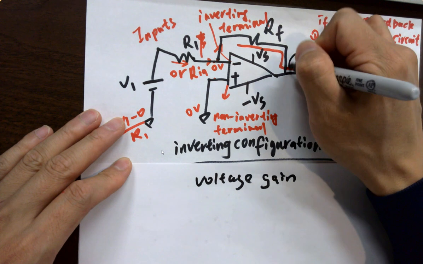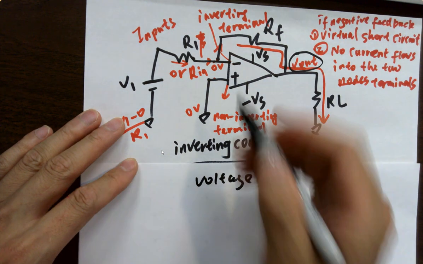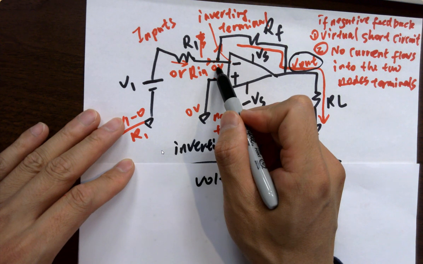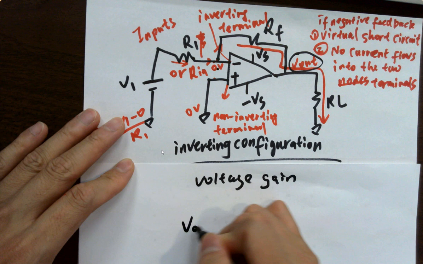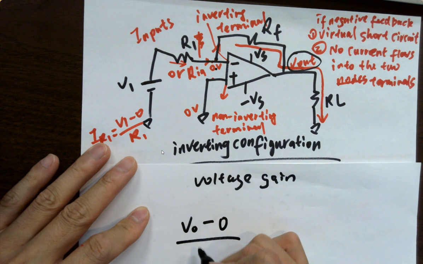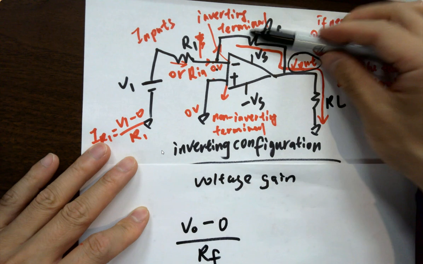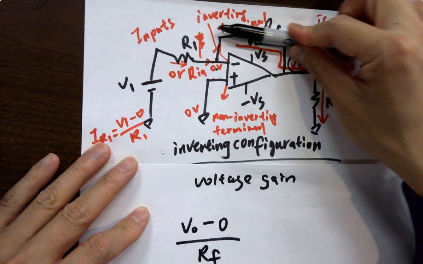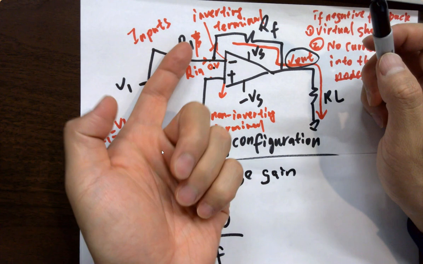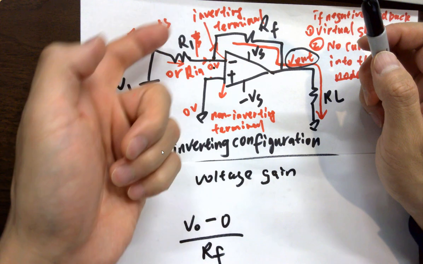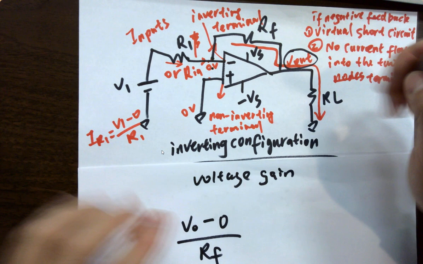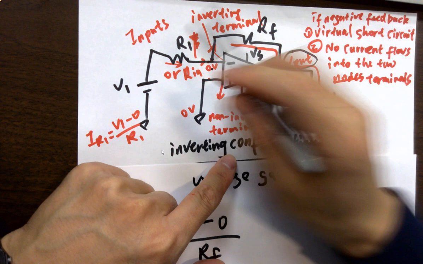So here's V out. Here's 0 volts. Okay. V out minus 0 volts divided by RF is the current going backwards. And that current equals the negative version of the current going this way, right? Because it's the same, it's just one current, keep that in mind.